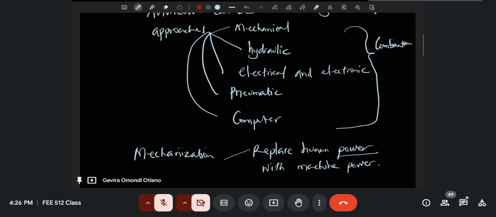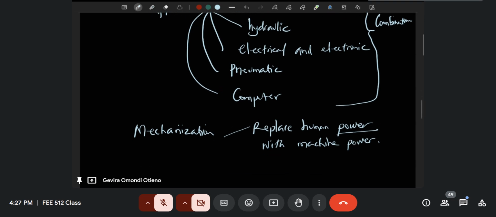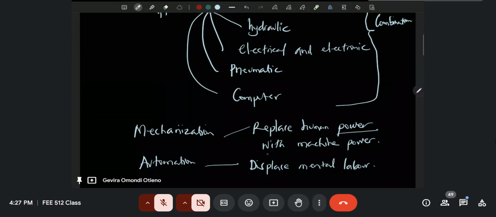You're trying to displace the physical labor that we provide. Automation, like I've told you, is meant to displace mental labor. This one displaces physical labor. Okay? Very, very important.